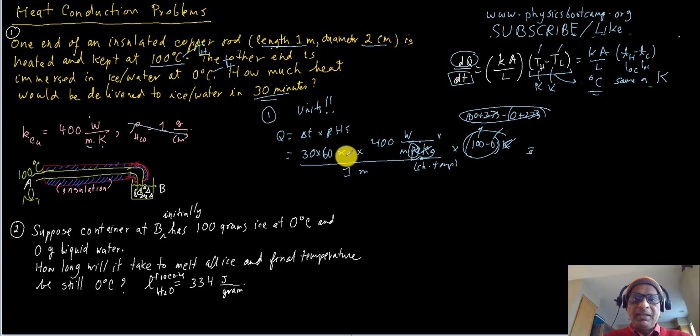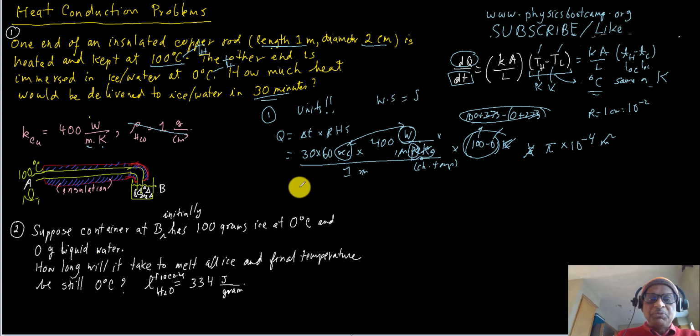There's an area somewhere. This area is pi r square. R is going to be 1 centimeter, so it's 10 to the minus 2, and square will be 10 to the minus 4 meter square. So the meters cancel, and this watt times second equals joules.